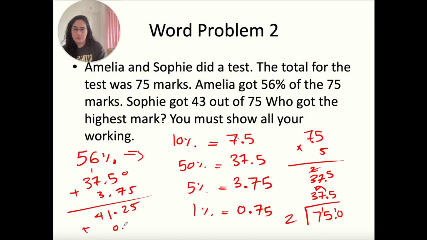We then add the 0.75. 5 plus 5, again, we carry the 1 over. 1 plus 2 is 3, plus 7 is 10. We carry it over once again, and we've got 42.00. So Amelia got 42 out of the 75 marks. So Sophie got the higher mark, which was 43.